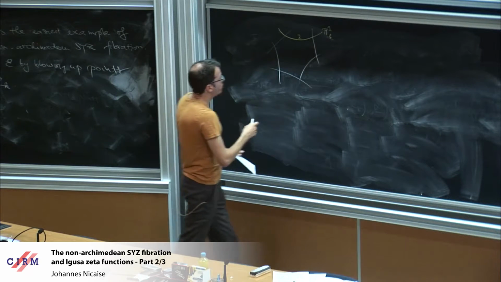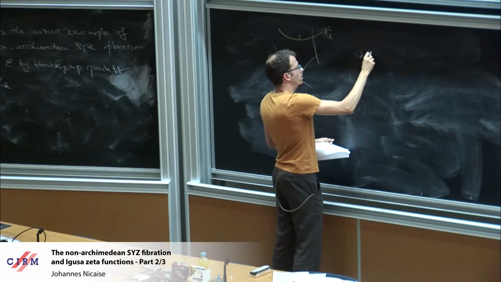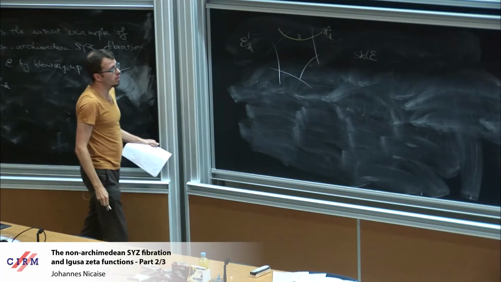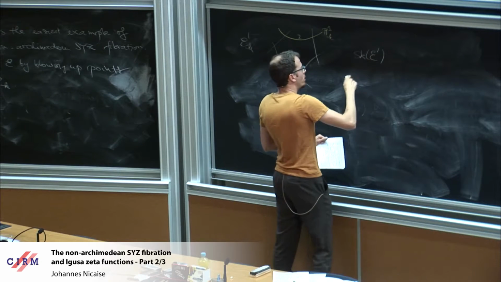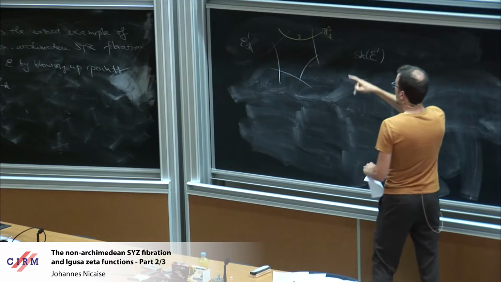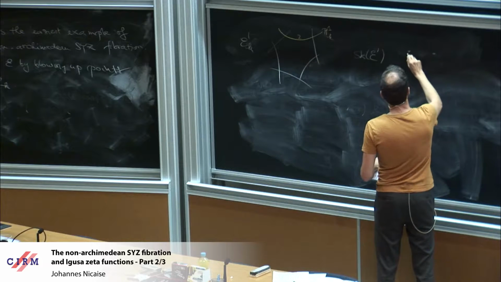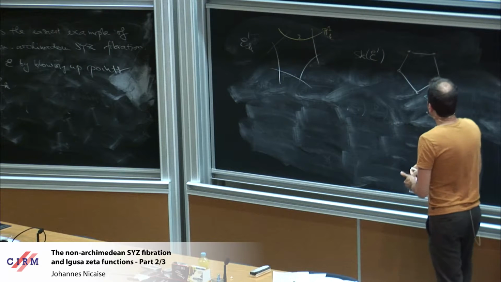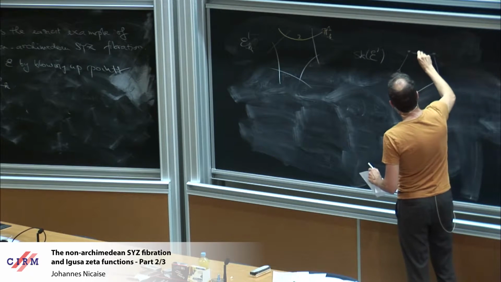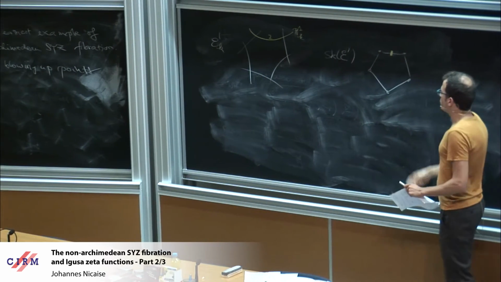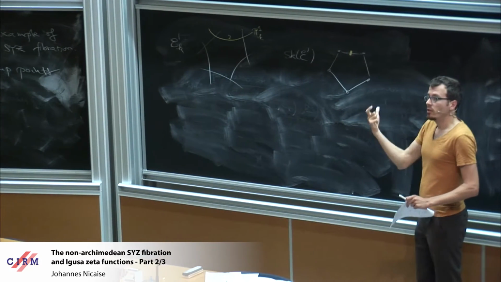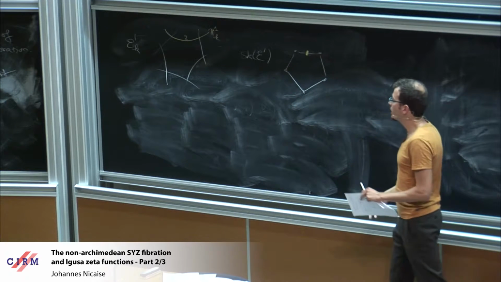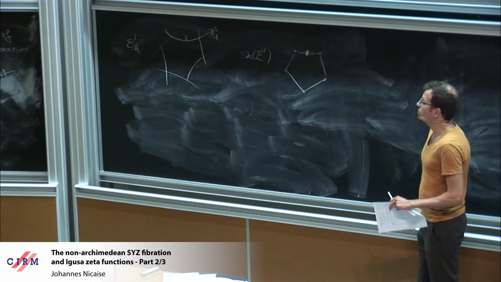And then the effect on the skeleton, so let's say this is a special fiber of our new SNC model curly E prime. So the skeleton of E prime looks exactly the same as the skeleton we had before. So the only thing that changed is that we have a new vertex in the simplicial structure, which will lie in this case nicely in the middle of the edge that we had before. So blowing up intersection points in a special fiber just corresponds to subdividing edges.